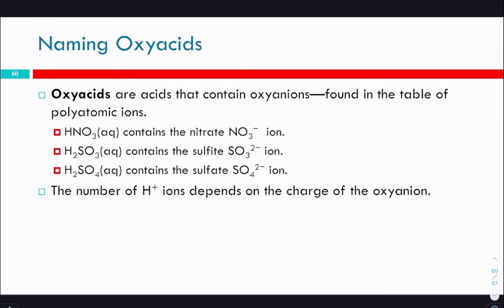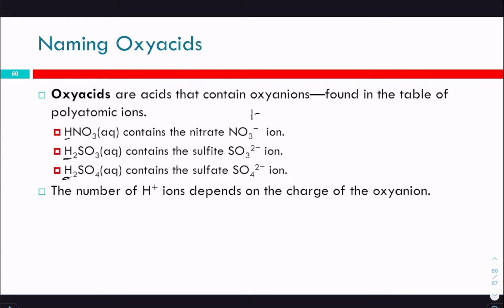Oxyacids are only complicated because you have to remember the oxyanions. For oxyacids, you're going to have a number of hydrogens. Again, we have hydrogens first, so we can identify it as an acid. And then that number of hydrogens is going to be equal to the negative charge on the oxyanion. So nitrate has a 1- charge, so it has 1 hydrogen.